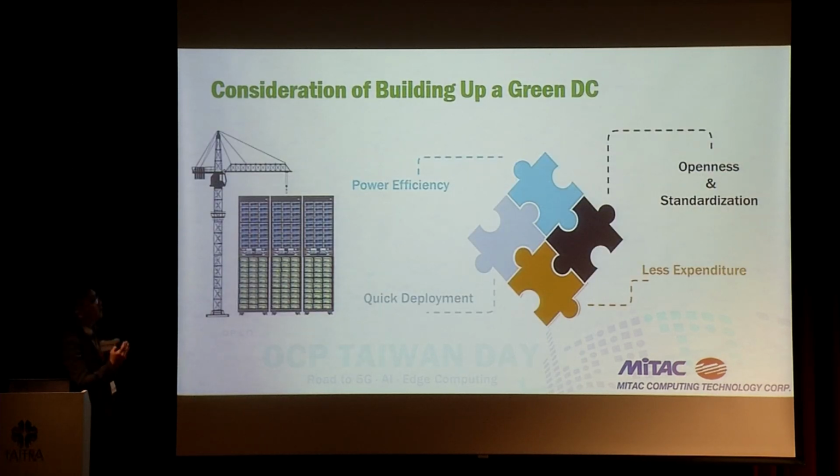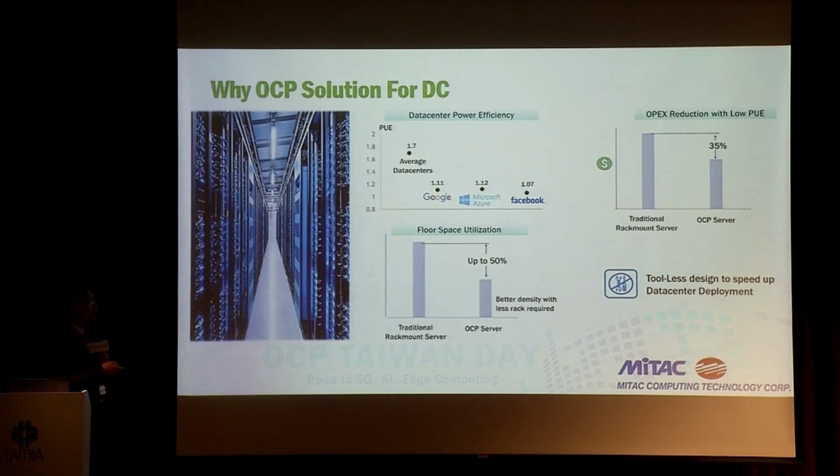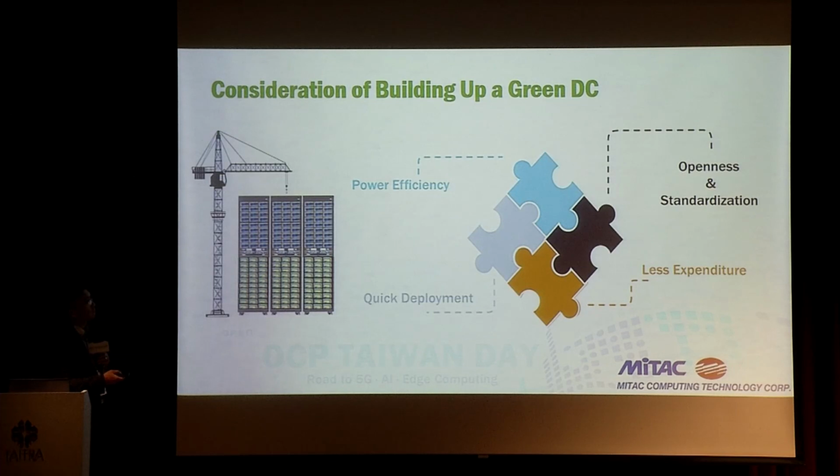Let's do a recap to think about how we can judge a green data center. Of the 4 key indexes, power efficiency is the most important thing. It always captures people's eyes. However, with the OCP solution, we have an open and standardized solution.